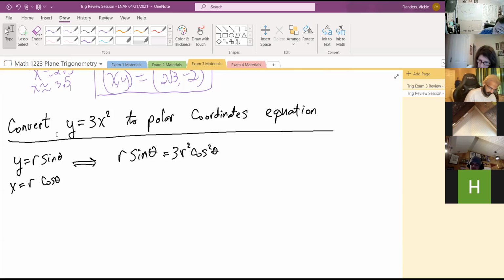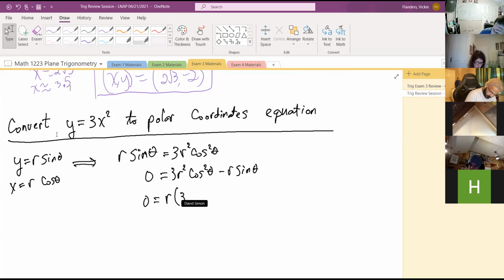So what I do from there is I bring the r sine theta over with subtraction, like so. I factor out an r, like so.